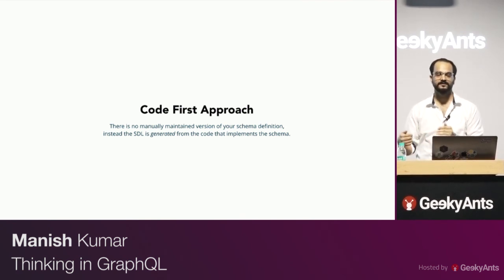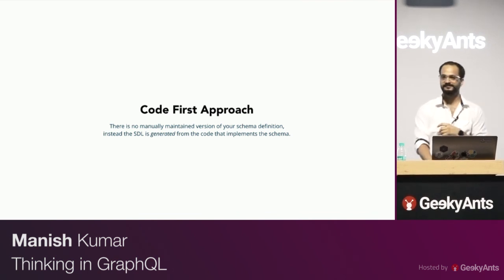You write the code first approach, not really the schema first approach. Spring Beans can really help you, or the schema first approach can really help you prototype your whole app in a very quick fashion. But then when it grows, it starts to fall under the same issues that you always had. So yeah, that's all from my side. Questions?